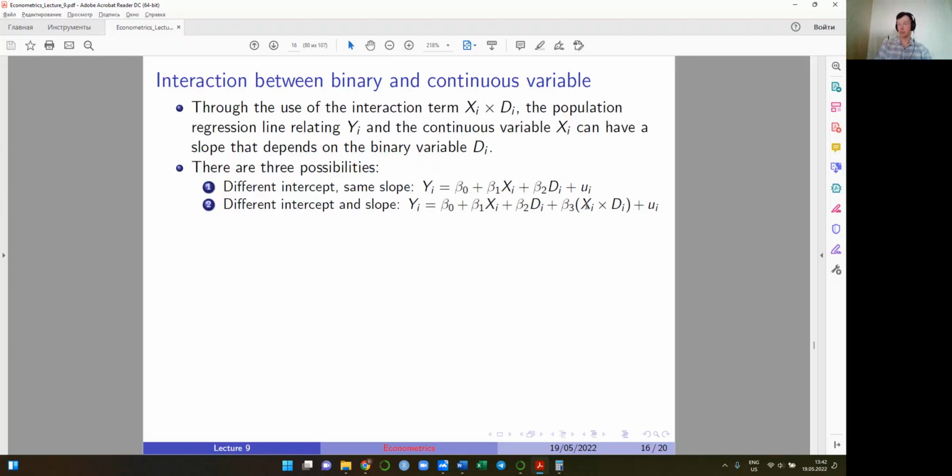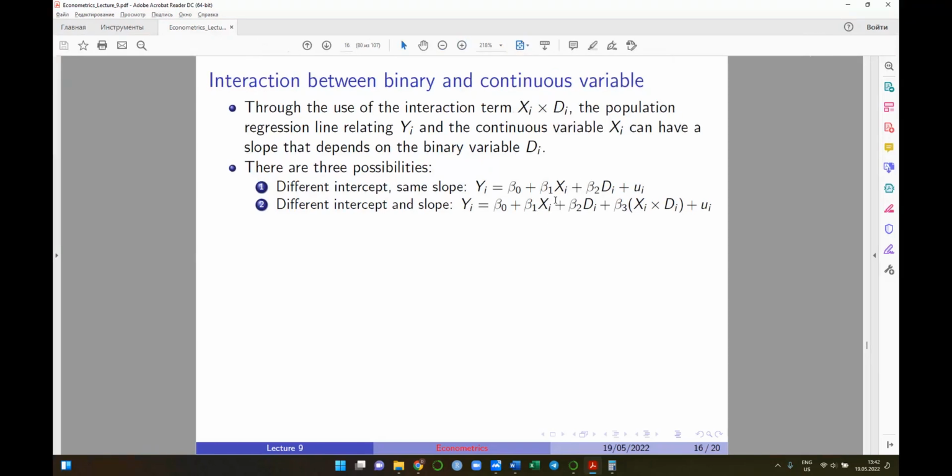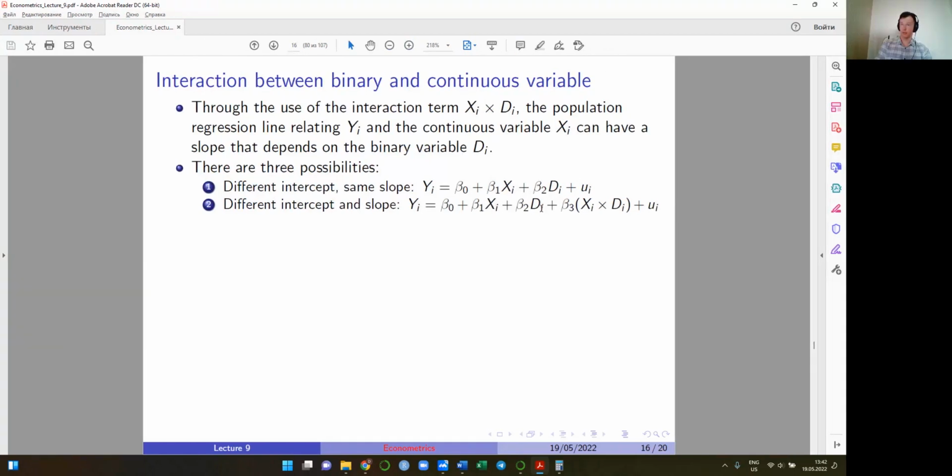Another version is when we plug in the continuous variable, the binary variable, and also their interaction. In this case, we will have the situation when both intercept and slope differ for different groups of objects represented by this binary variable.